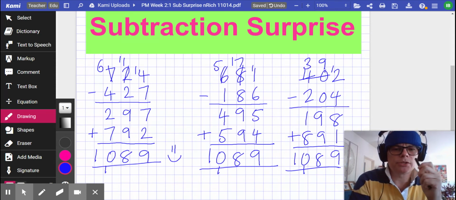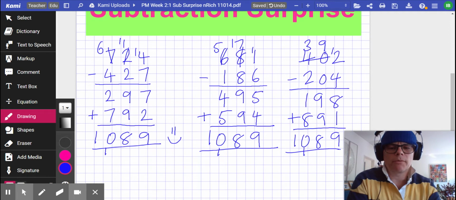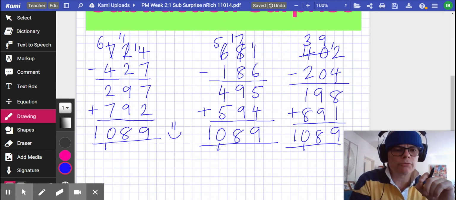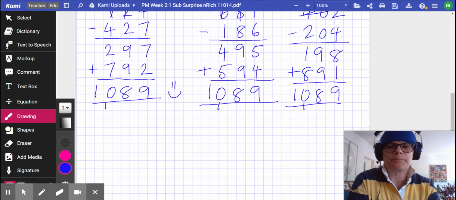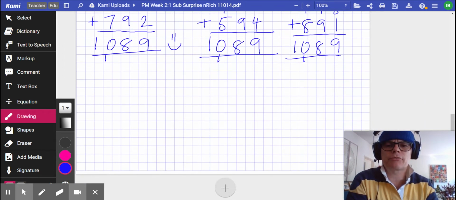So my question now is this always true? So let's have a think. We're going to try some of our own. I'll give you 3 more to try, and then you can try 3 of your own. So press pause in a moment.